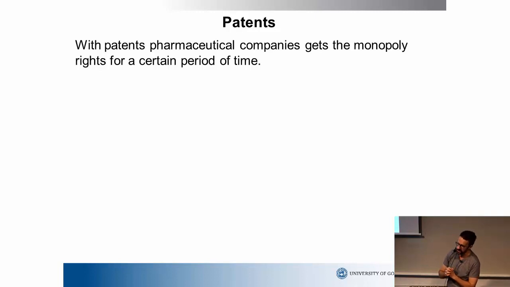Usually when people think about patents, they don't think very nice thoughts when it comes to medicine. But I would actually claim that we need to be a little bit careful here. With a patent, what a pharmaceutical company gets is basically a monopoly on their newly developed drug for a certain period of time. This is a mandate. We give you the monopoly rights to sell this type of substance for a certain period of time.